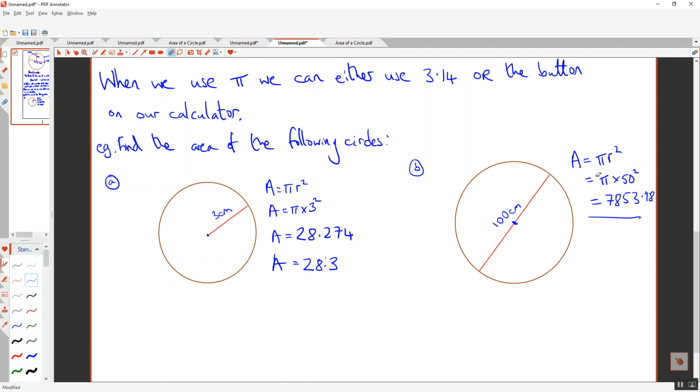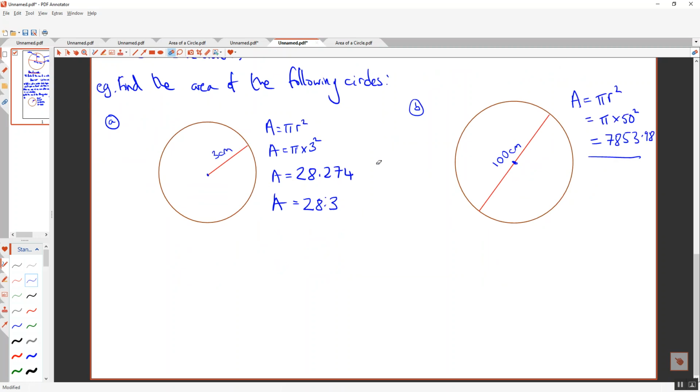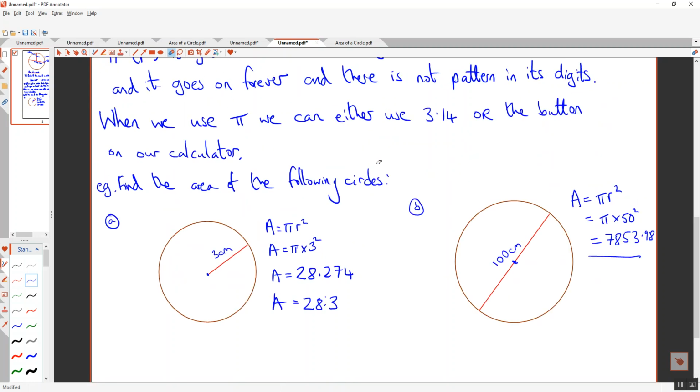Yeah, okay, so you remember the formula requires the radius. We're given the diameter here. So in order to find the radius, we have to half the diameter, okay? And half of 100 is 50, so that's why we're using 50 in this example. Make sense? Yeah.